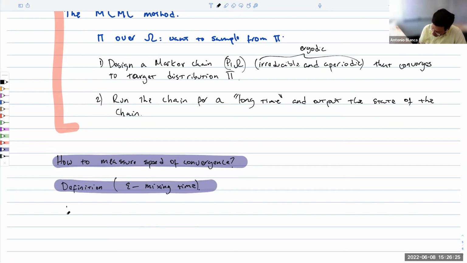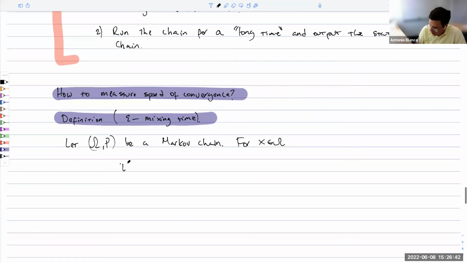Okay, so we're going to get a Markov chain. Let P be a Markov chain. Then for x in omega, define the following quantity. Let's call it T mix, the mixing time from x, allowing error epsilon.